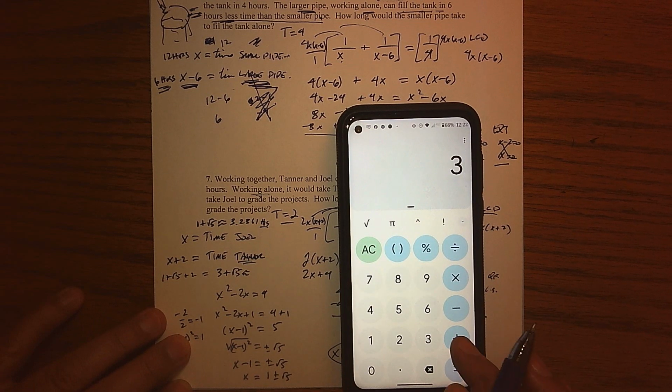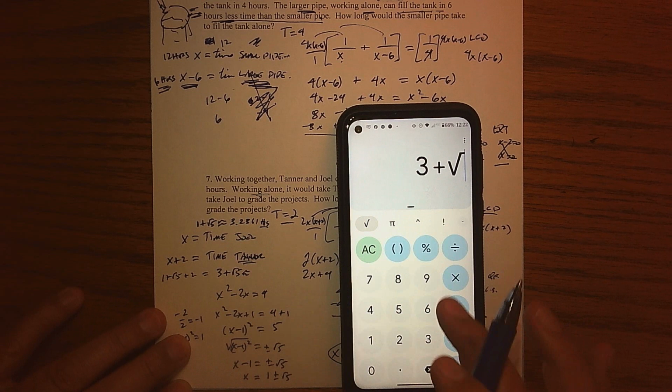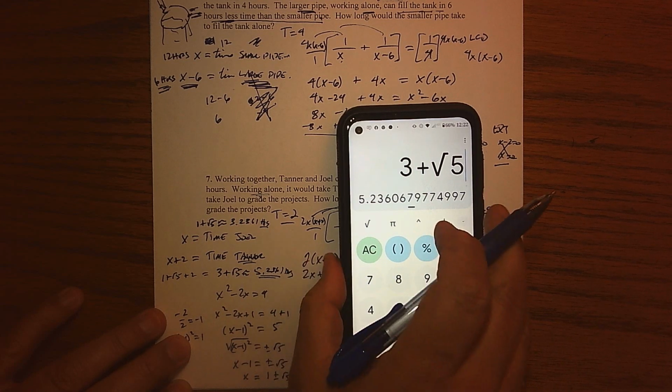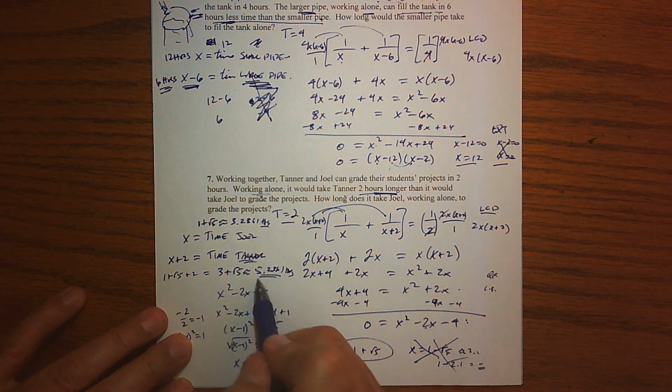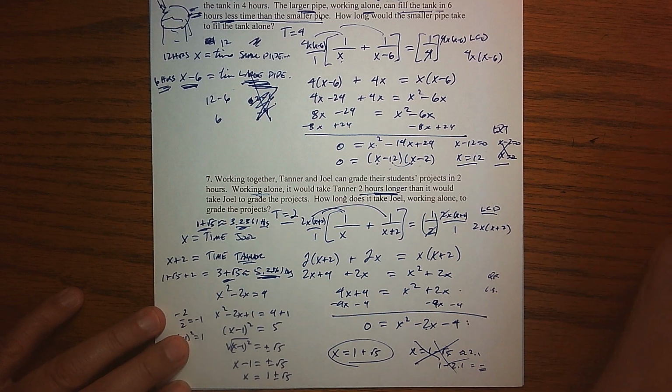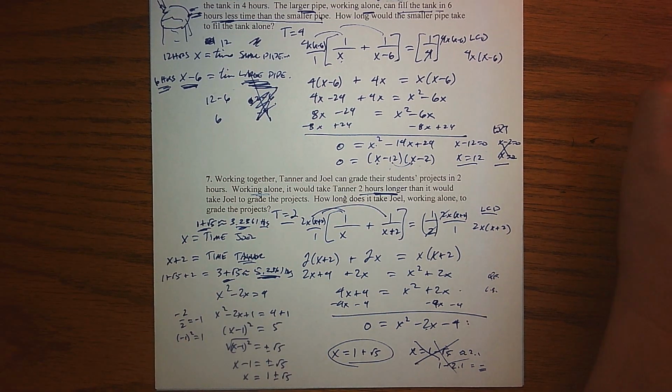That'd be 3 plus the square root of 5. And it looks like Tanner's time is 5.2361 hours. All right, so whatever they want. So that's the approximation that I'm getting as opposed to the exact answer. It just depends on what Pearson wants.